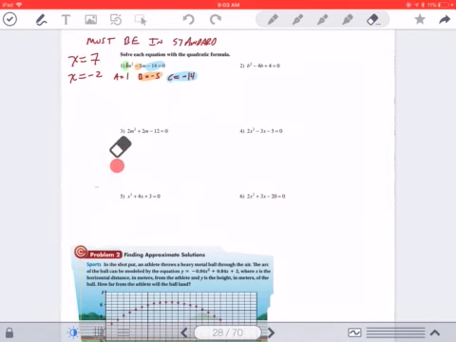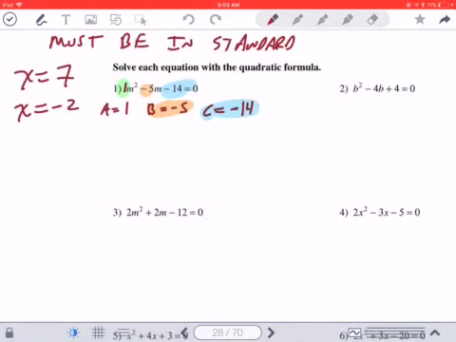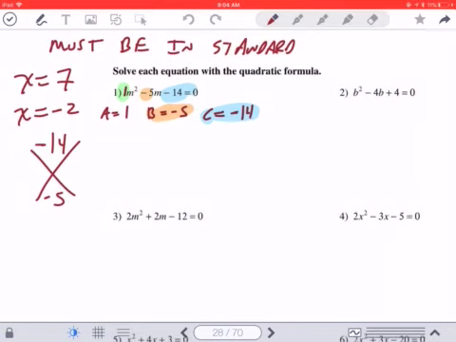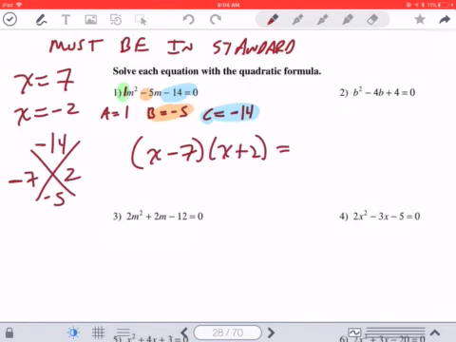Okay, so when I try this here, if I factor this, what multiplies to negative 14 and adds to negative 5, that would be a negative 7 and a positive 2. Okay, and then I could factor that into x minus 7 times x plus 2 equals 0.